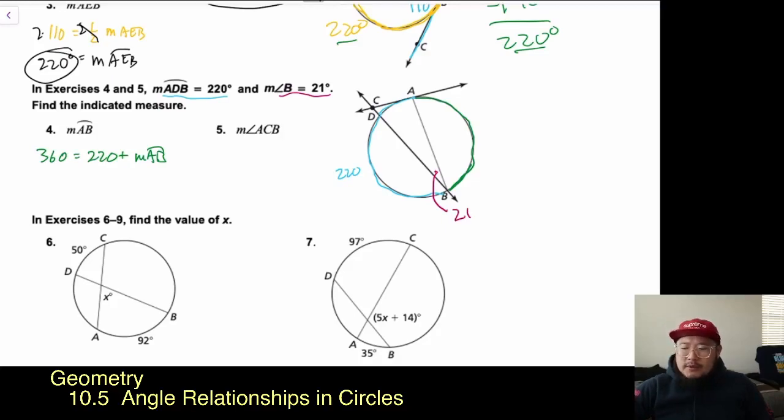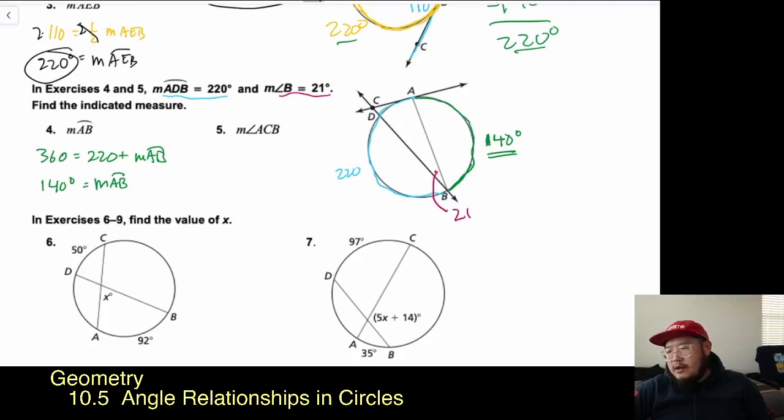First off, set up the equation. Let's solve it out. We'll subtract 220 from both sides, and the measure of arc AB happens to be 140 degrees. Okay, so there we go. We got 140. We got ourselves a full circle.